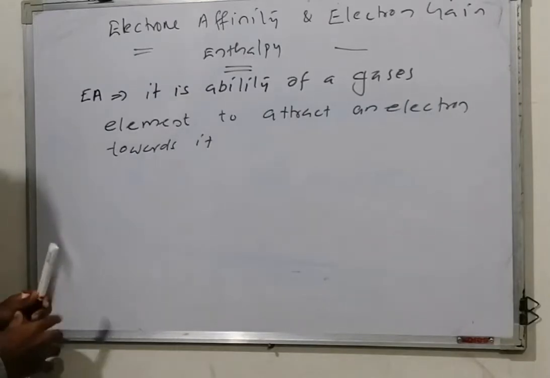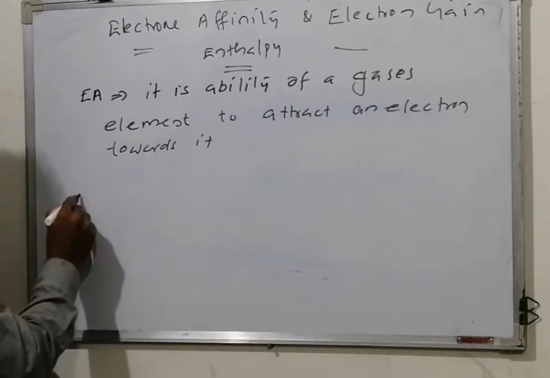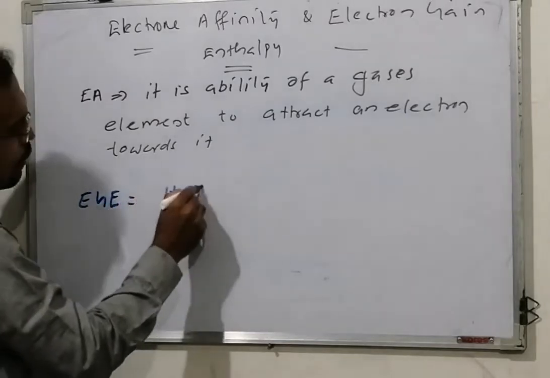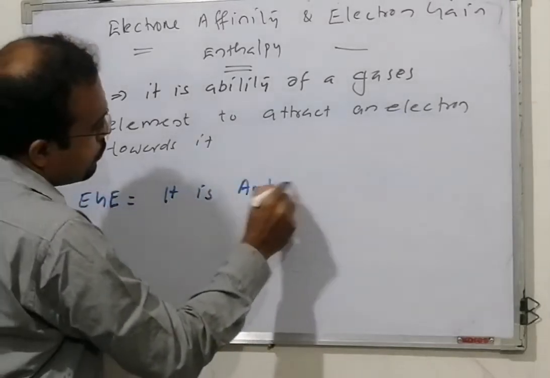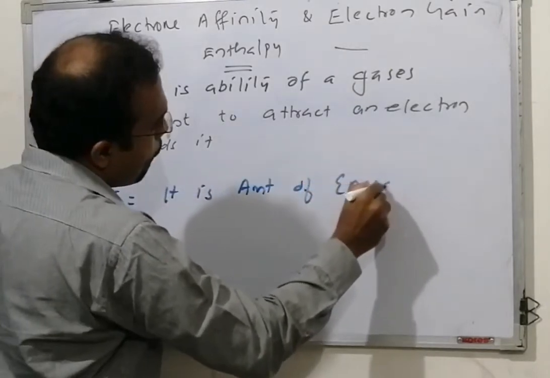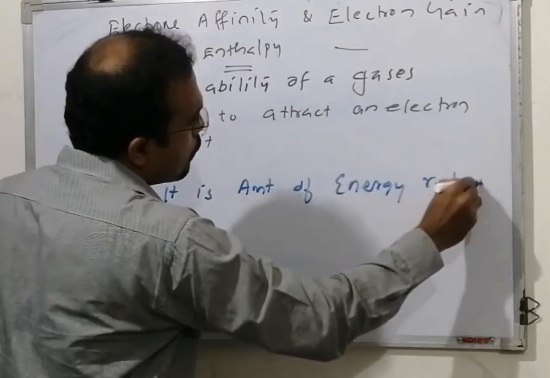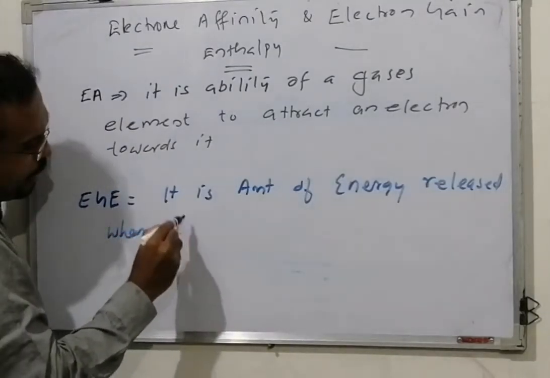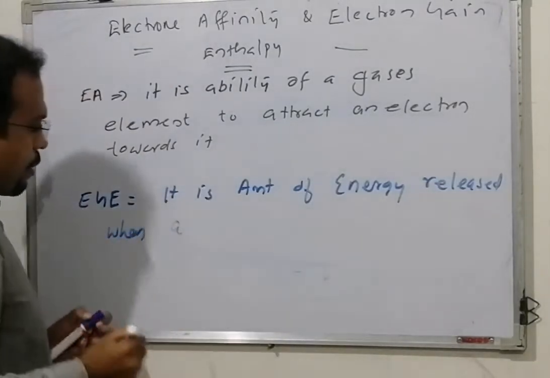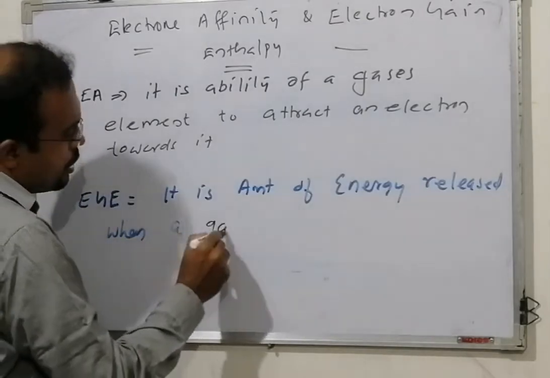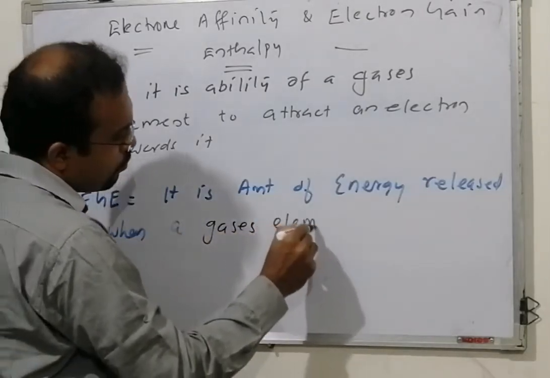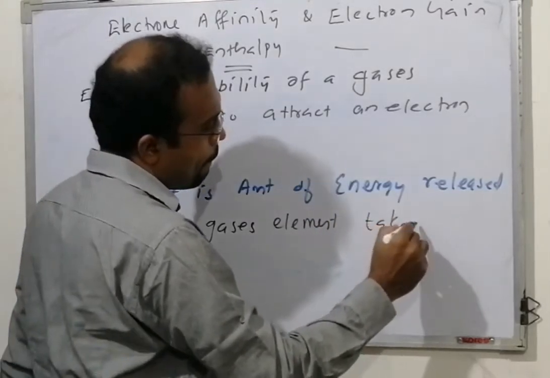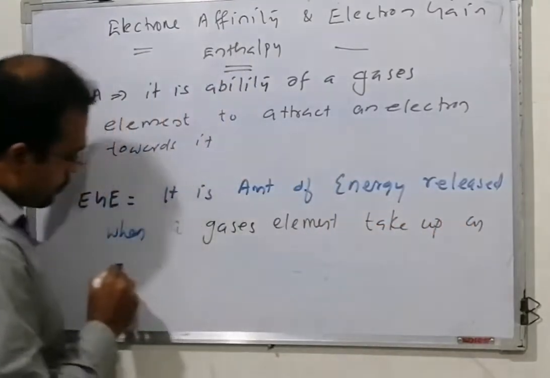What is electron gain enthalpy? It is the amount of energy released when a gaseous element takes up an electron.